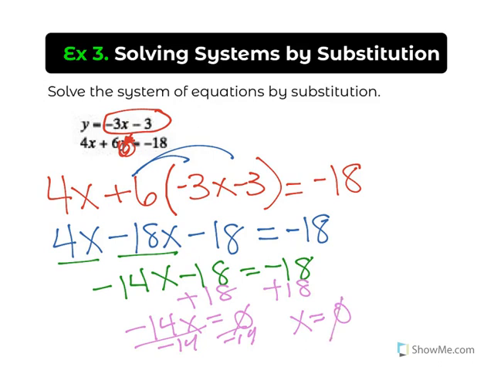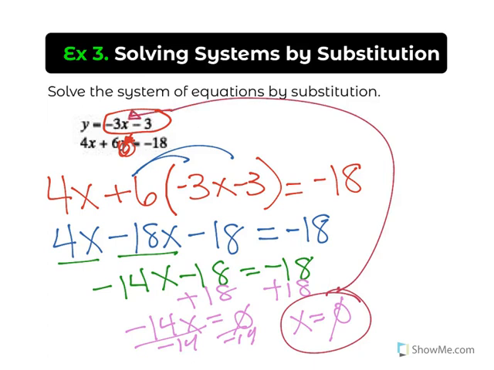Okay? Now, don't forget, you have to put that back in your equation. So we're going to take that x equals 0 and put it back in. It doesn't matter which one you put it in. You could put it into either one of the equations. It's just easier to put it in the one that's already solved.